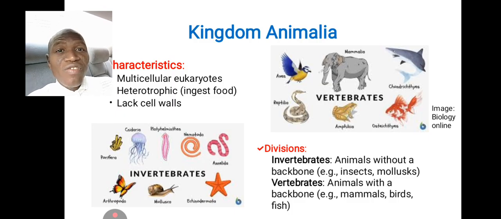No. So they fall under invertebrates. Do birds have backbone? Yes, they fall under vertebrates. So that's the classification of kingdom Animalia, vertebrates and invertebrates.